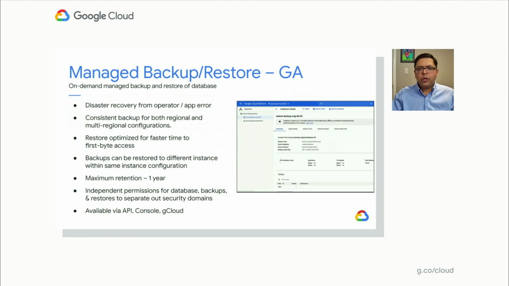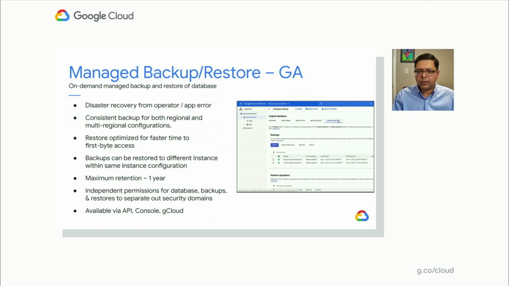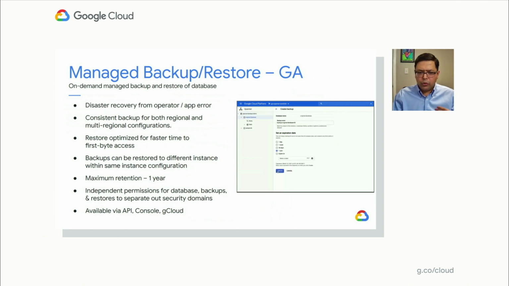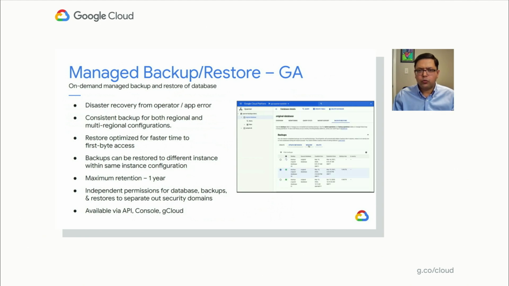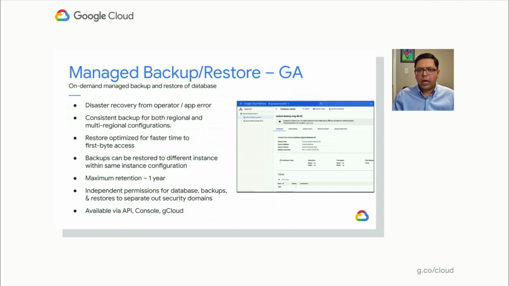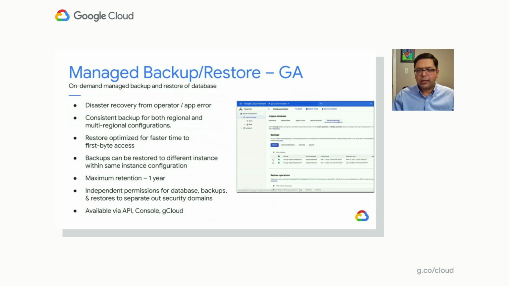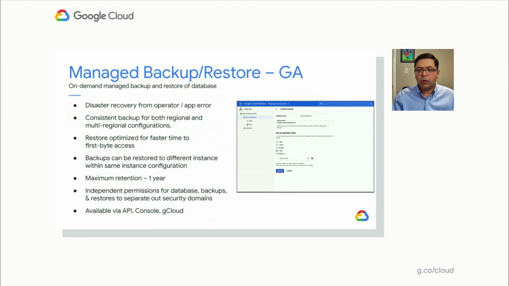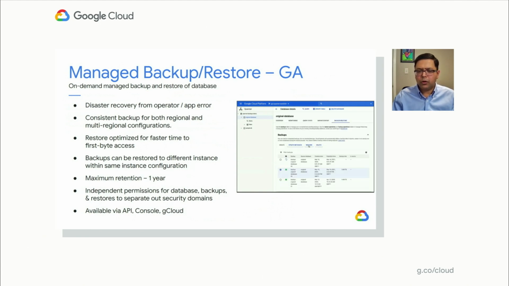And what we are optimizing for is extremely fast restores, or time to first byte access, because if you run into an issue, you would like to get back online with your application as soon as possible, and we recognize that. So even for a backup which is terabytes in size, you can expect to get first byte access as part of your restore process within minutes. That is something which we have really optimized for.